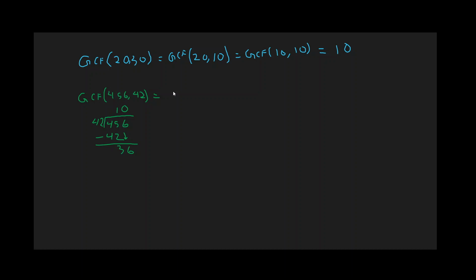And this is a much more manageable problem. We can keep going, and we do 42 minus 36, which would be 36 and 6.